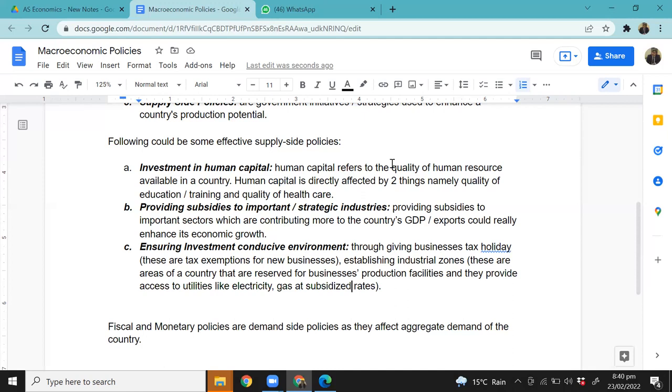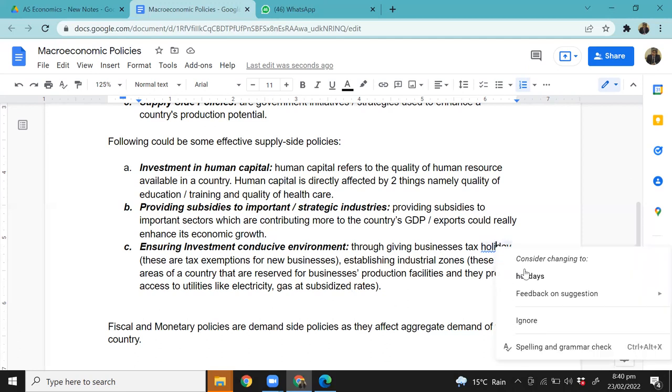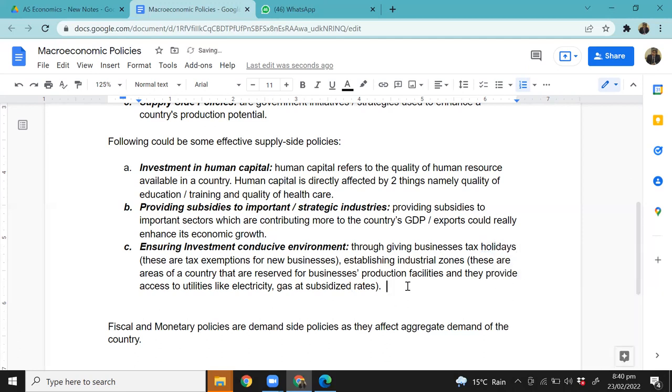And there they open their factories, offices, and they get access to good infrastructure, good roads, good internet facilities, and all that communication, IT. And then they have subsidized utilities, subsidized electricity, subsidized gas and all these things. And that is also an incentive for businesses to locate there, right? Are you getting me? Right?